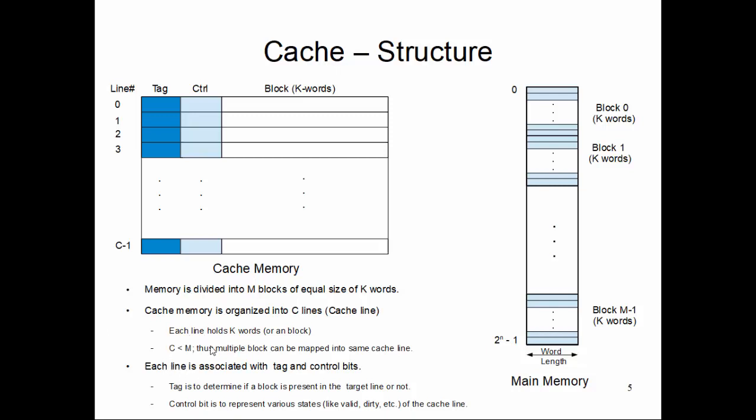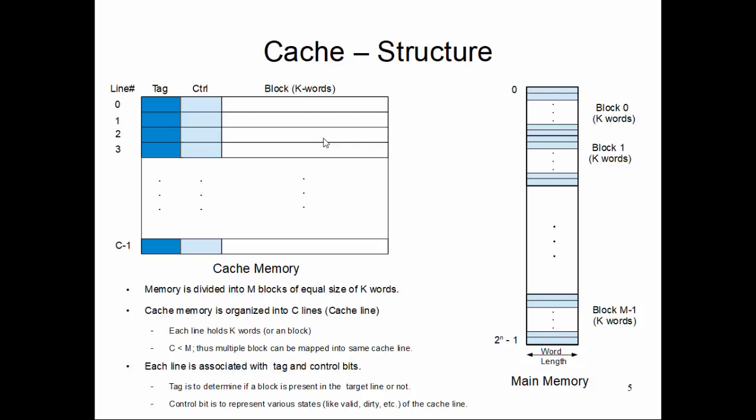Also, C is less than M, because if C equals M, then we are basically talking about copying the entire main memory to the cache memory, which is not possible. Cache memory is smaller in footprint compared to the main memory. Let's say main memory is 16 gigabytes. Your cache memory in a system is usually like 512 megabytes, maybe 1 gigabyte. I haven't come across larger, but it may exist. Just search a little bit on Google and see what the maximum cache size is.